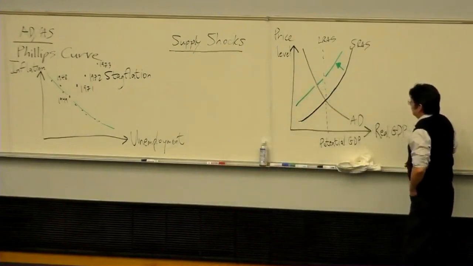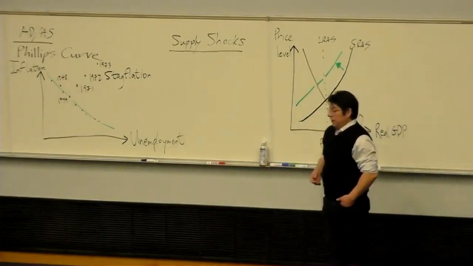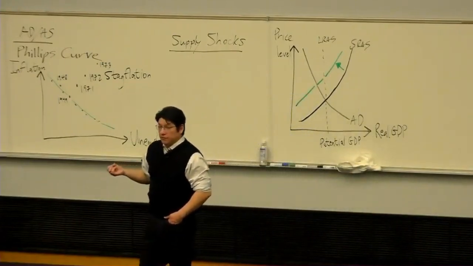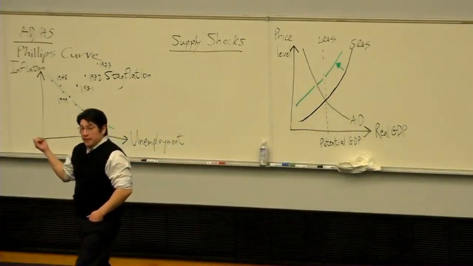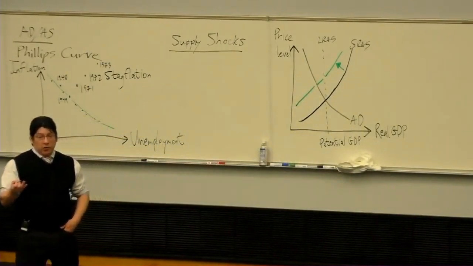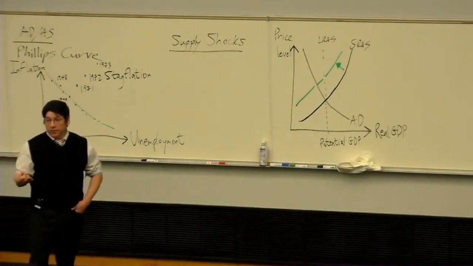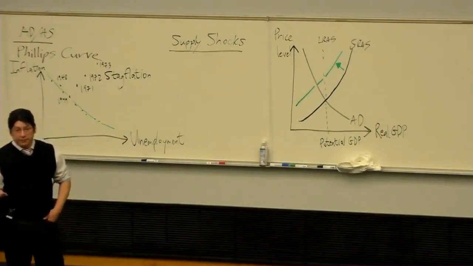And when we talked about demand shocks, we did so in 3 steps. The first step was to analyze what kinds of things might lead to a demand shock. Then we talked about how does the economy respond to it if you leave it alone, this self-correcting mechanism. And the third step was what is the appropriate monetary or fiscal policy to deal with it.